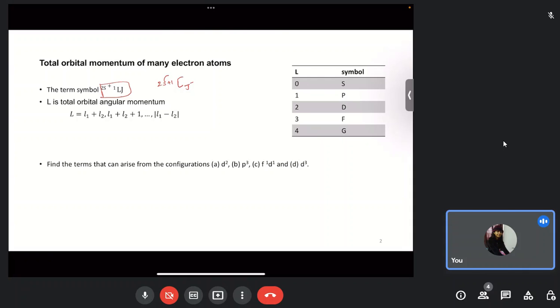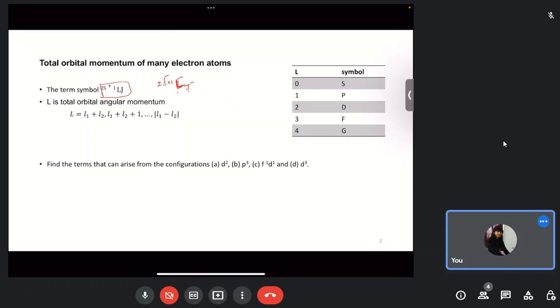L denotes the total orbital angular momentum, J denotes the total angular momentum, and S denotes the total spin angular momentum. Depending upon the different values that we obtain for L, the L denoted in the term symbol can have different alphabets associated with it.